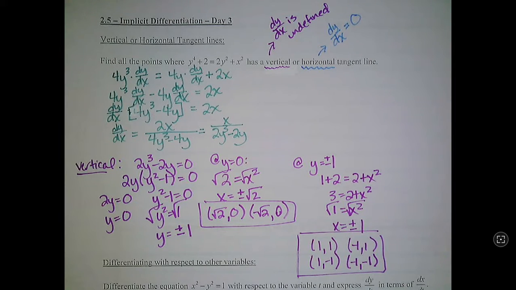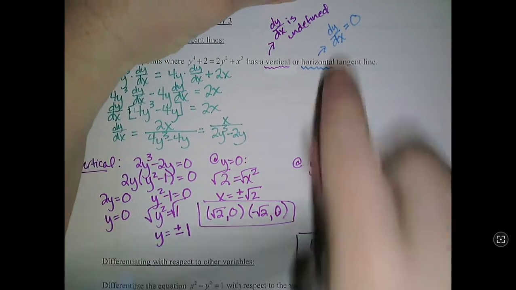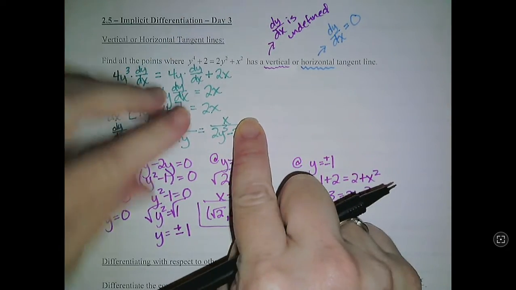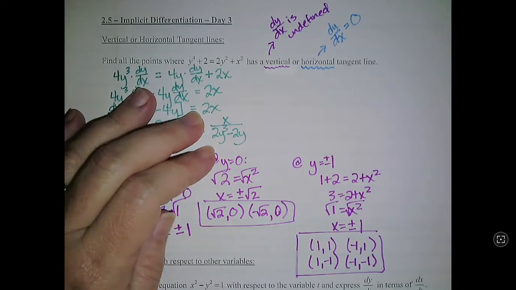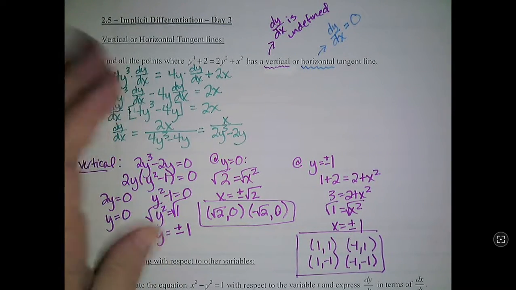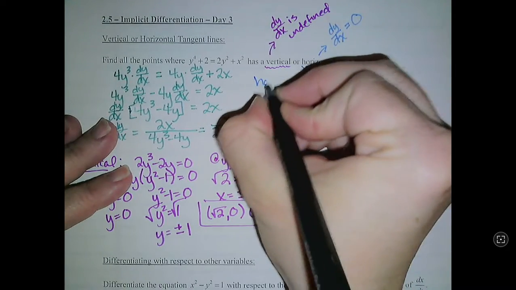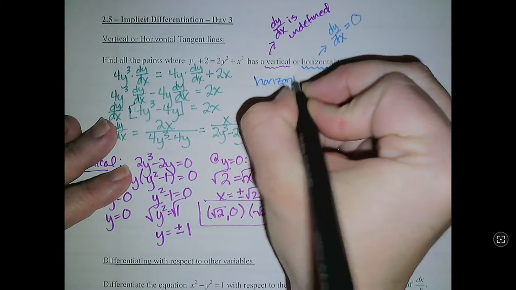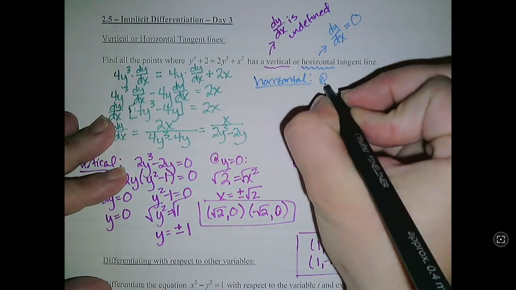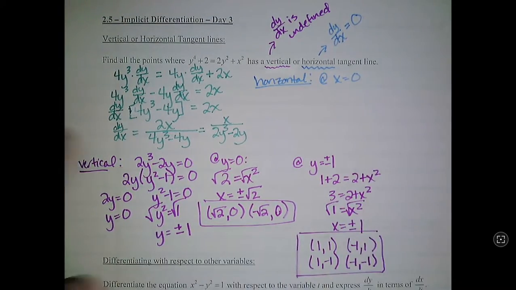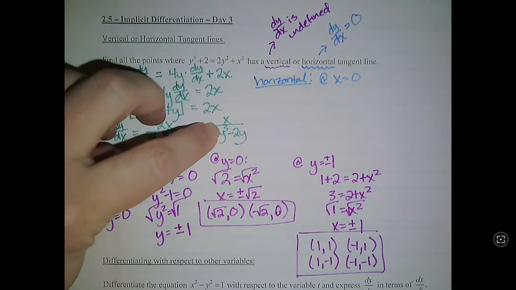So now we need to look at our horizontal tangent lines. And we said that a horizontal tangent line would happen if the derivative is equal to 0. Well, if we look at our derivative, the only way we could have this fraction being equal to 0 is if its numerator is equal to 0. So for the horizontal tangent lines, the only way that could happen is at the points where x is equal to 0, because that would make that 0.